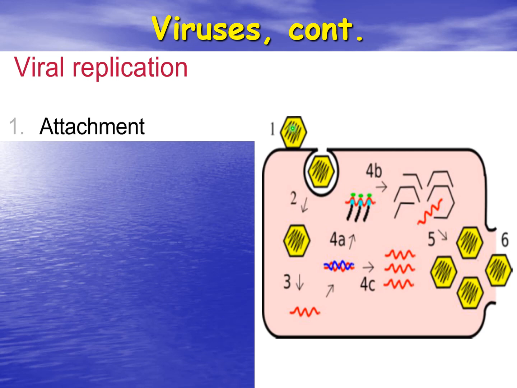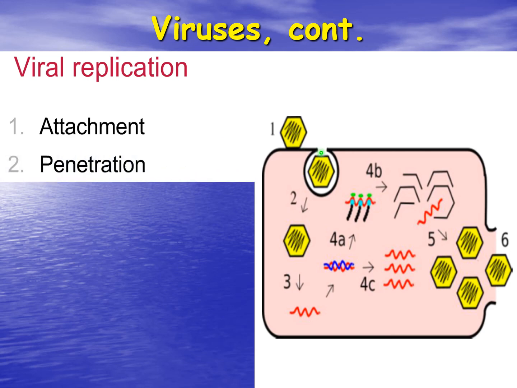This is typically what makes these viruses very host cell specific, because they'll only attach to the receptor on a specific cell. If that cell does not have the receptor, the virus cannot attach. Then we actually will penetrate, and in animal cells, oftentimes the binding of the spike to the receptor will cause an induced endocytosis.